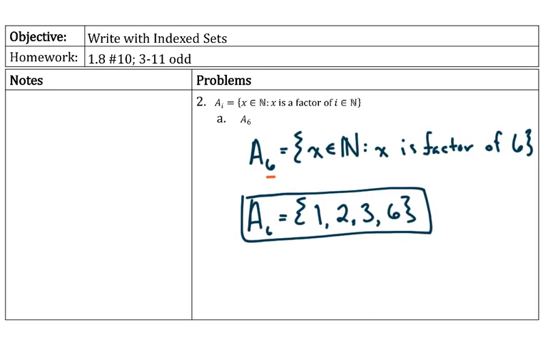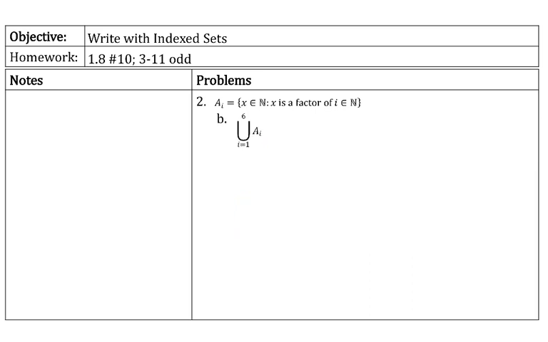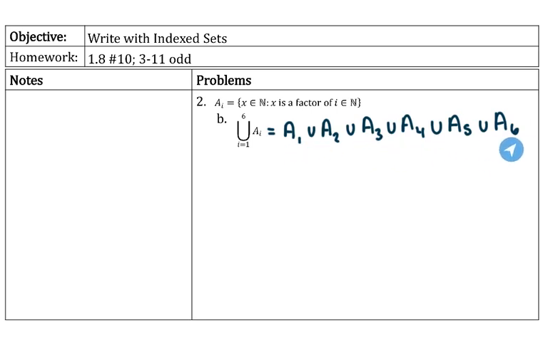Now, when we're looking at our intersections and unions, if we're going through all the sets of, in this case, 1 to 6, this would be the union of all the first 6 sets in this index. And you could absolutely write them all out just like we did here, or you can use your skills to jump ahead a little bit. Either way works for me. If you want to write them out, please do that.